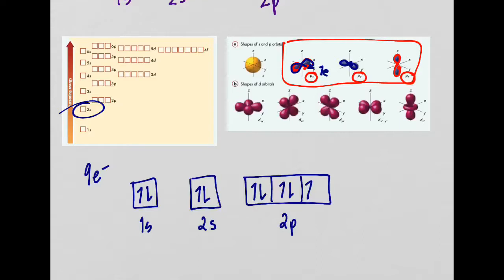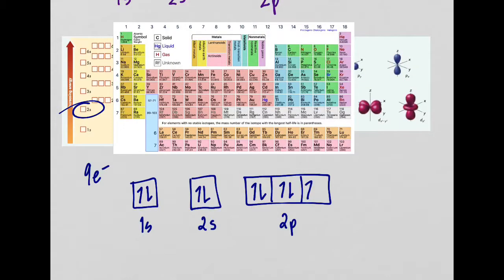And if we look at our periodic table, where's number 9 on the periodic table? It's fluorine. So what we've drawn here is fluorine. The atom with 9 electrons is fluorine, right? So this is how I would draw the electron configuration diagram for fluorine.